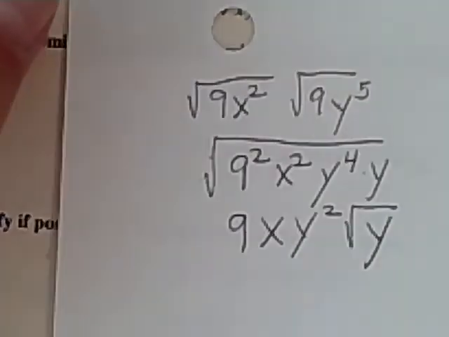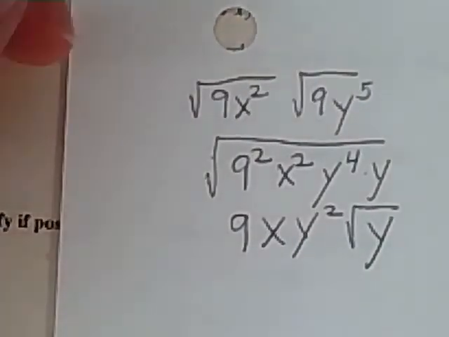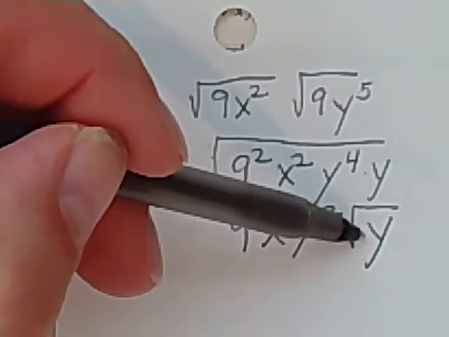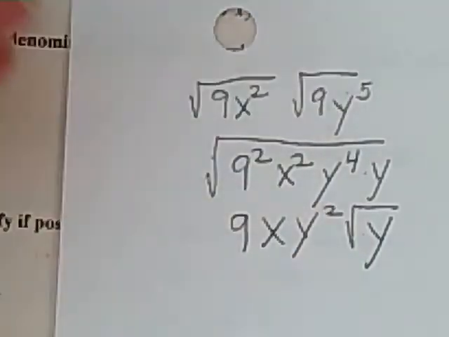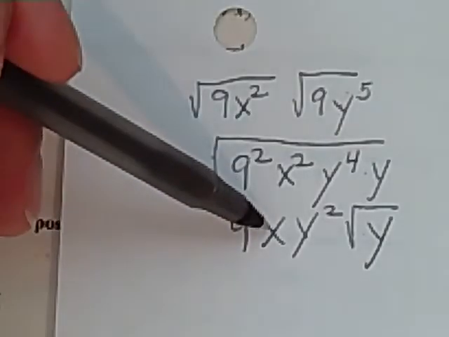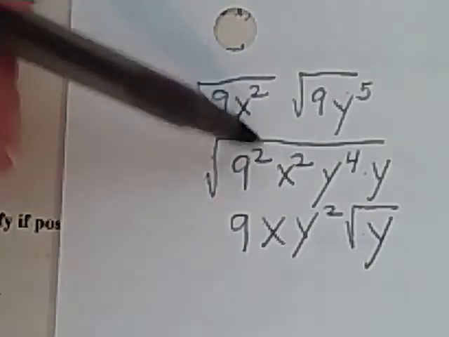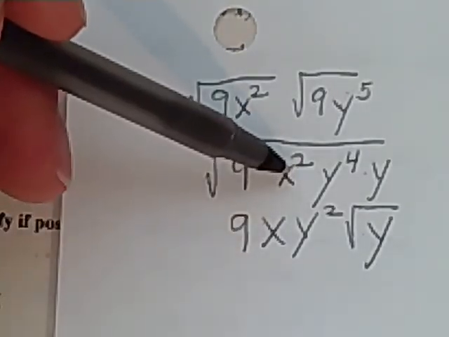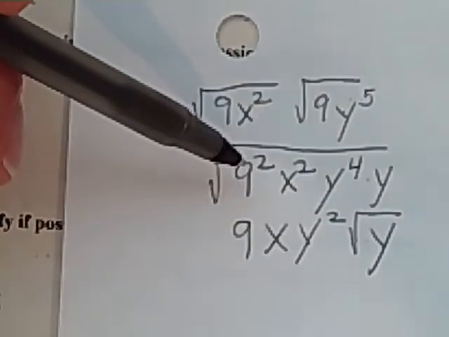Now, one more thing. Do I need absolute value signs? If y is negative, then y to the 5th is also negative, and that part is okay. But if x is negative, we're in trouble. Let me think.